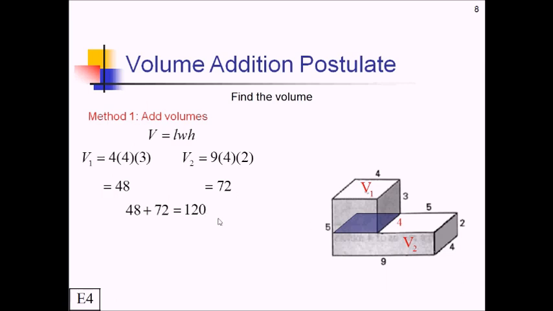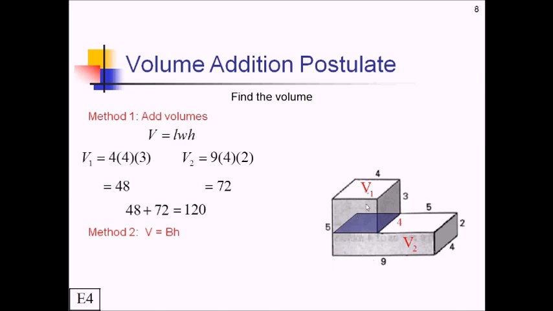Another method of doing this is to figure out the base area of one of these gigantic L's and then multiply that by the height. You could think of this as kind of an L-shaped prism. So what's the base area of this L? Well, we're still going to have to split things up to find that, but this time we're splitting things up in 2 dimensions.